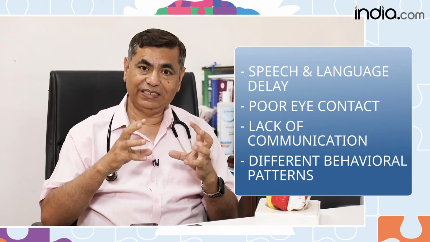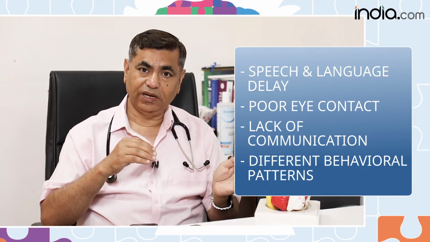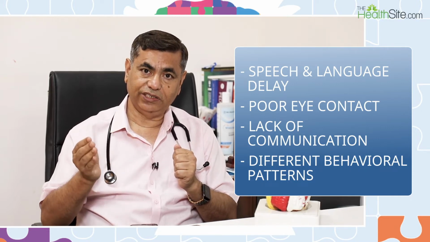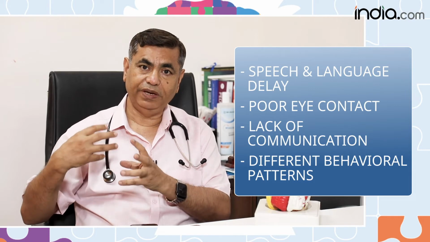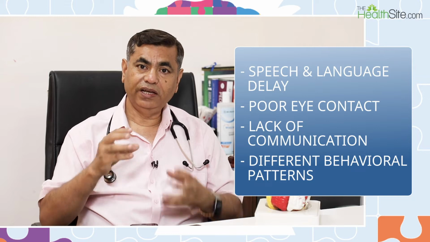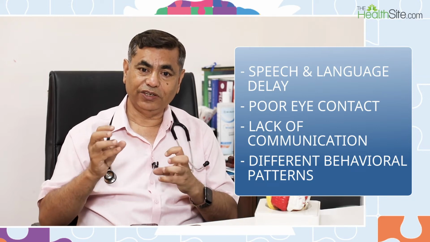So these three things together: the speech language delay, poor social interaction and communication, and getting into a behavior pattern where they are playing on their own or isolated, not a constructive play. As a result, sometimes they can become really unhappy and irritated if somebody asks them to do certain things.